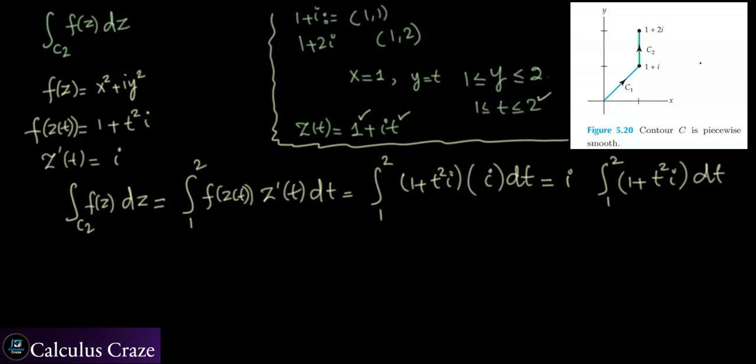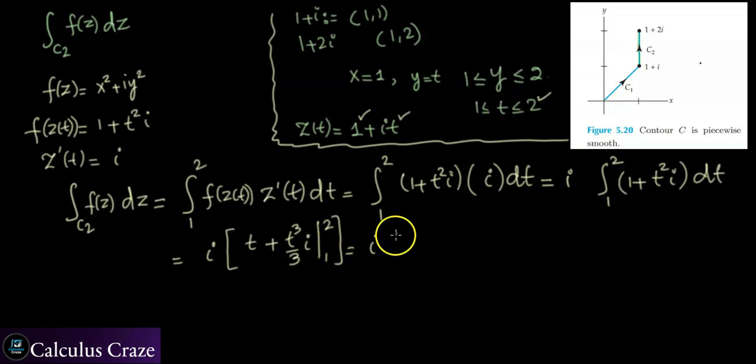Then this is integration of a complex variable function of a real variable, so that should be equal to iota times t plus t cubed over 3, with limits from 1 to 2.